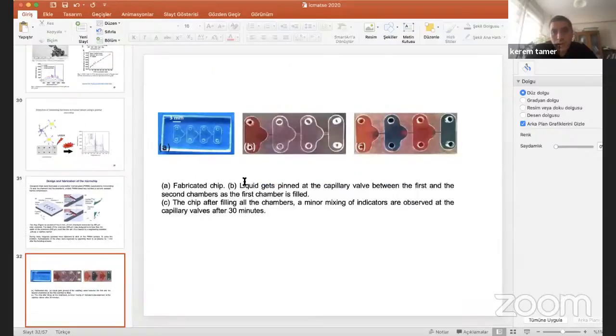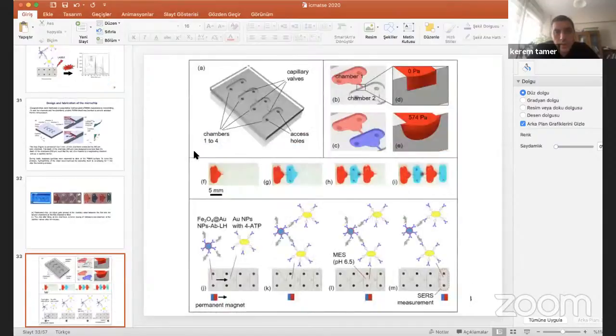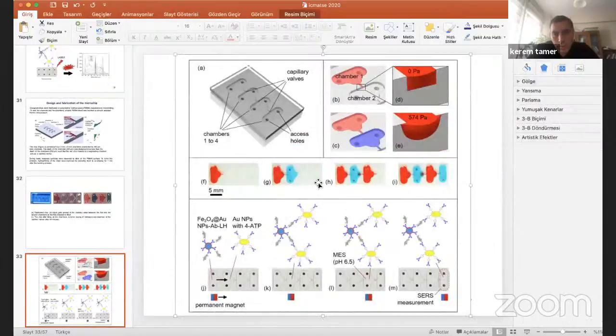Okay, as you see, we constructed this kind of capillary chip with the collaboration of Ender Yıldırım from Matthew. Then we can analyze, for instance, a hormone or protein or bacteria using the same strategy.